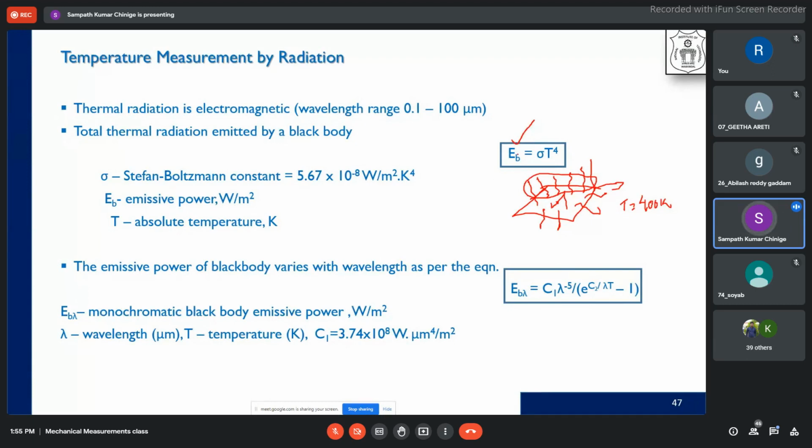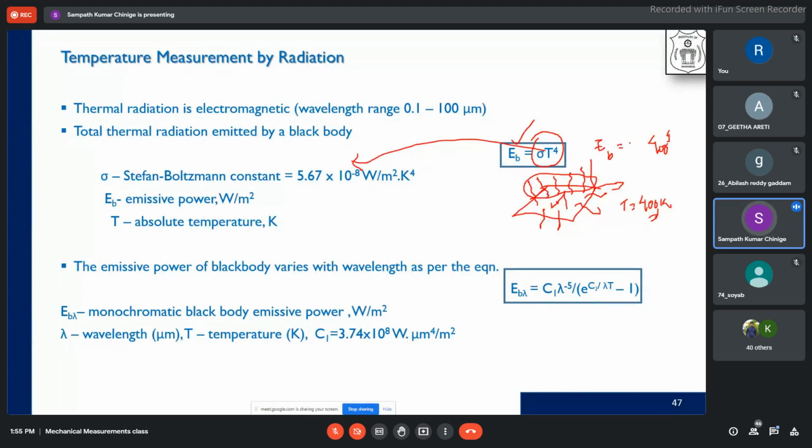This emissive power of a particular body is calculated with the help of this equation, where T is the absolute temperature, that is 400 to the power 4, and sigma is a constant value, 5.67 into 10 power minus 8 watt per meter square Kelvin power 4. Using this, we get the standard total thermal radiation emitted by a black body.